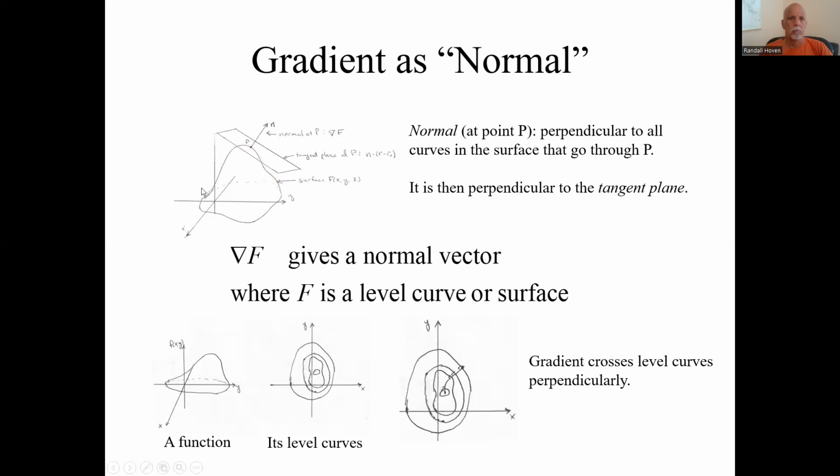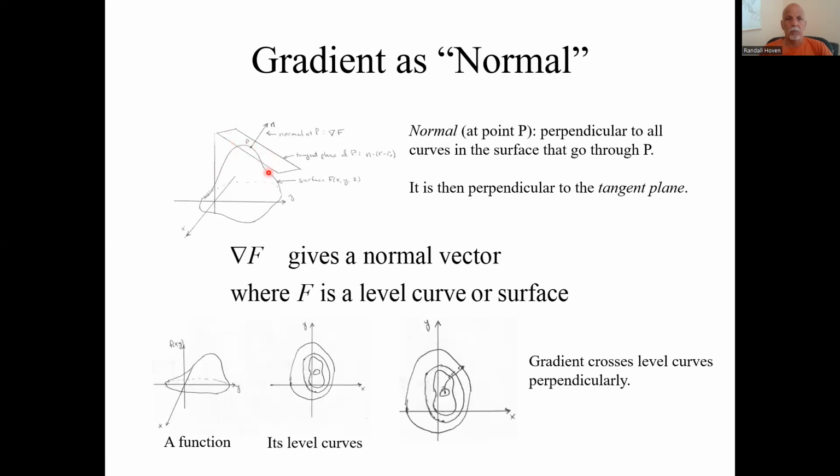There should be a z up here. Now my variables are x, y, and z. This is not the value of the function. But this is a surface in three dimensions. Take some point on that surface. Every curve in that surface that goes through that point has a tangent line there, right?